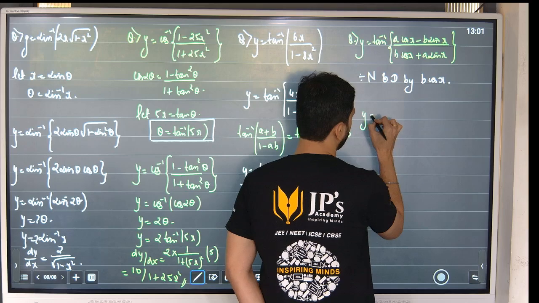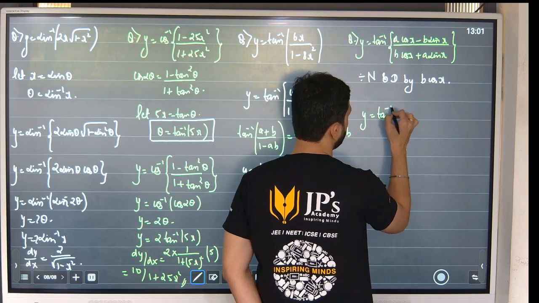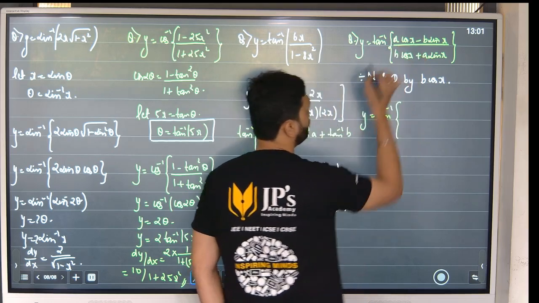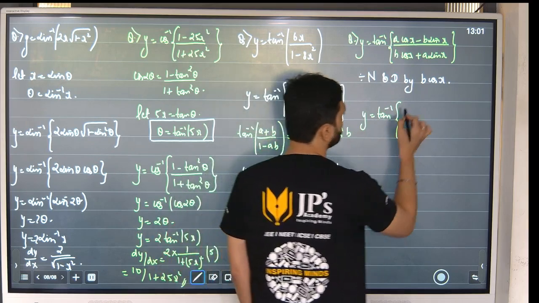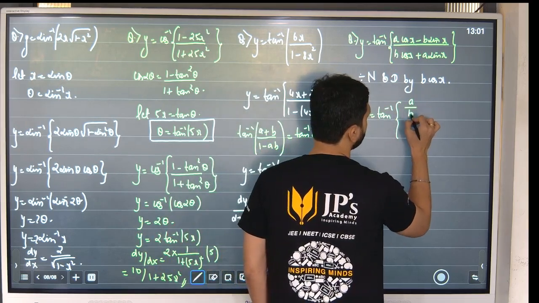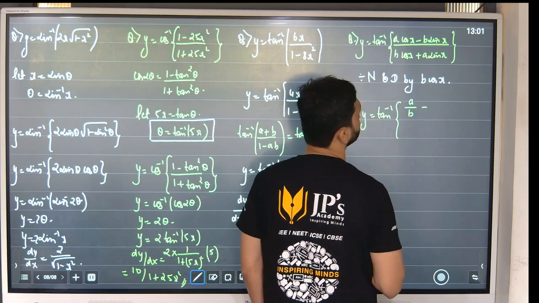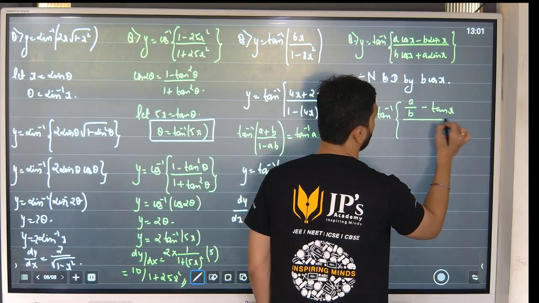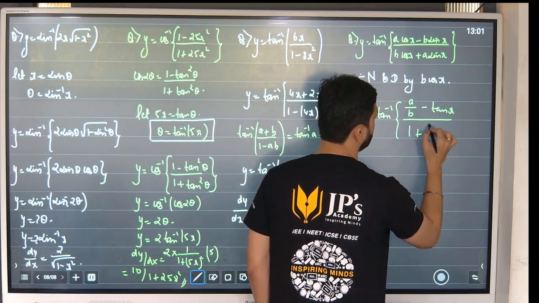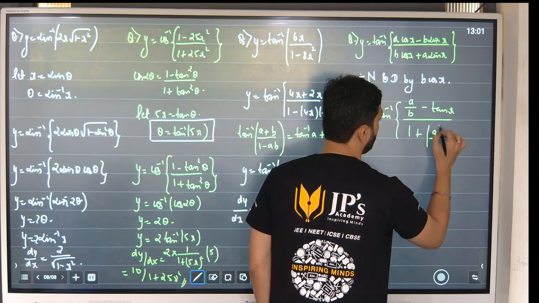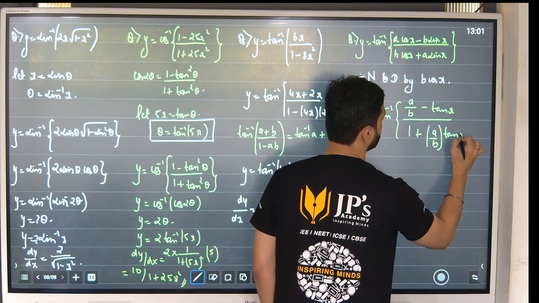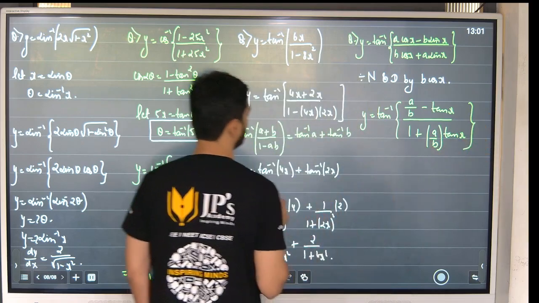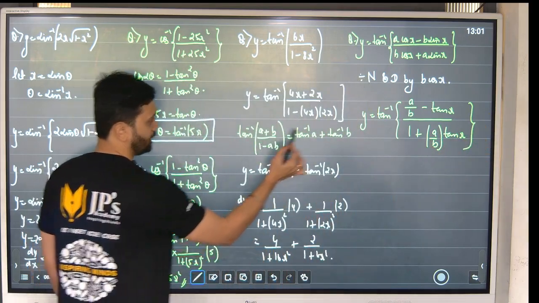So this will become y is equal to tan inverse of, if I divide a cos x by b cos x, I will get a by b minus tan x upon 1 plus a by b tan x. And guys, look at this and look at this.